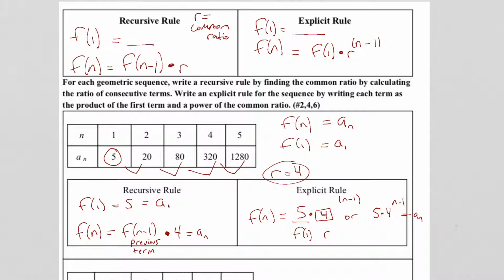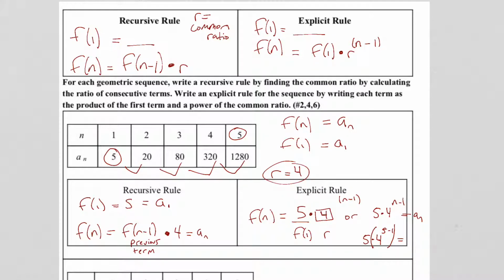So I'll give you a perfect example here. If this is my explicit formula, 5 times 4 to the n minus 1 power, and I plug in 5 for n, you're going to find that 5 times 4 to the 5 minus 1 power is going to equal 1280. So I'd like you to try to do that on your calculator right now. You're basically going to do the part with the exponent first.